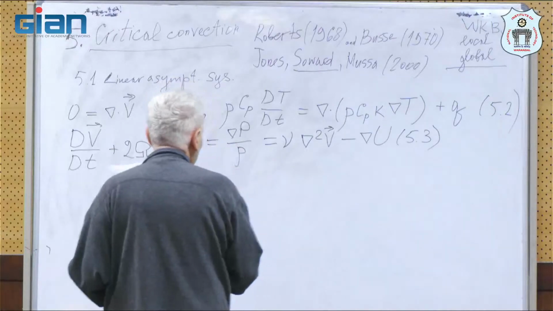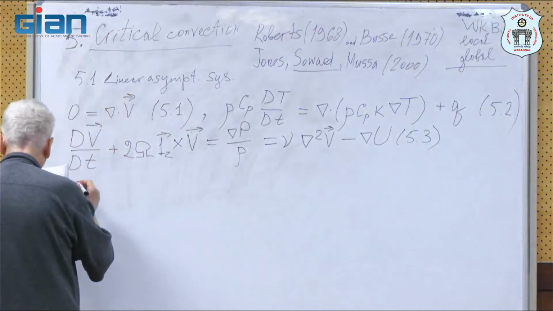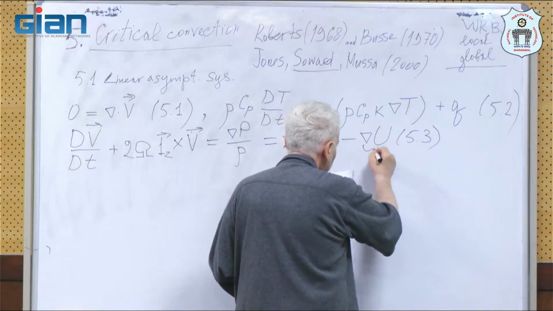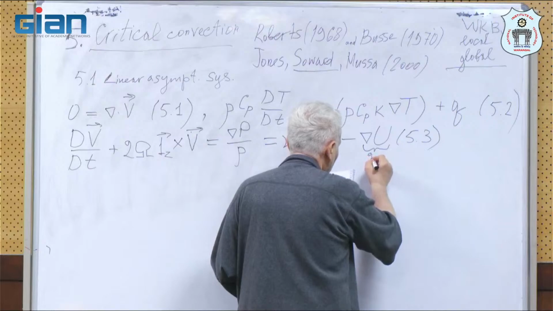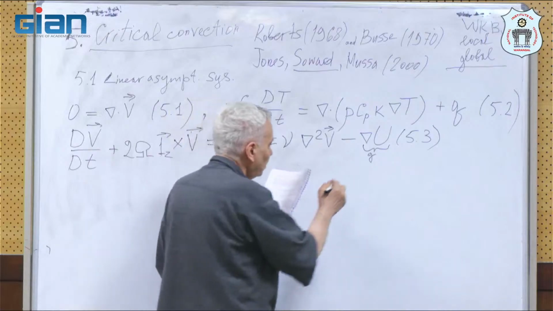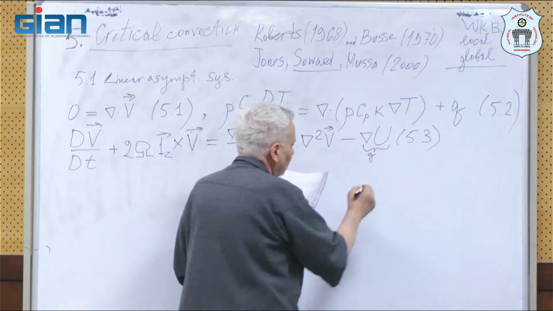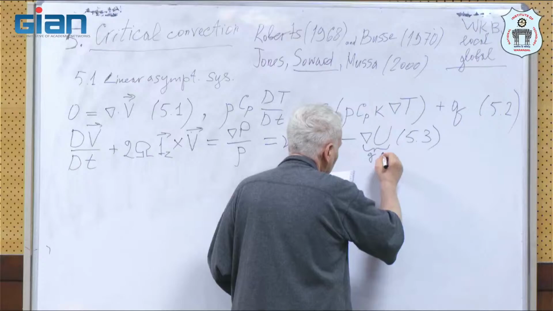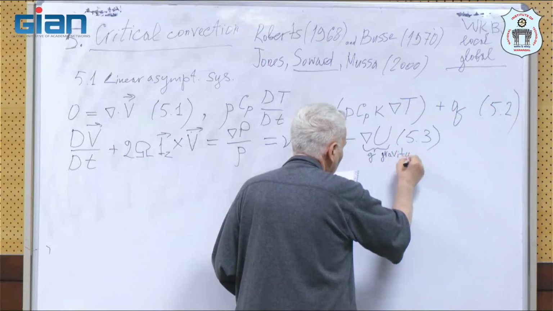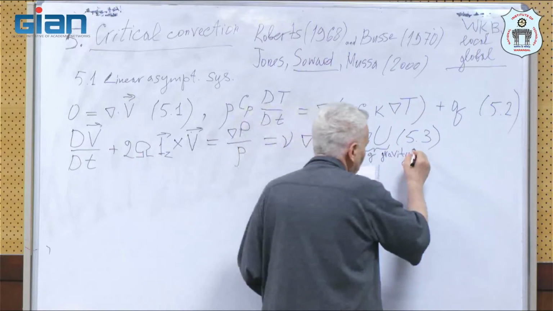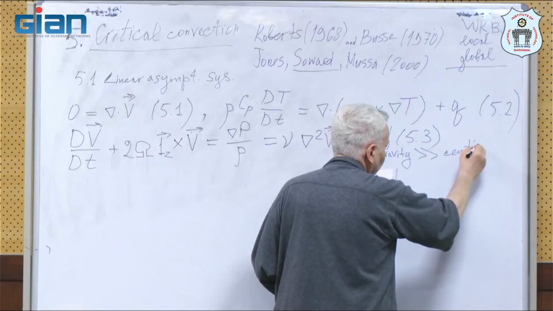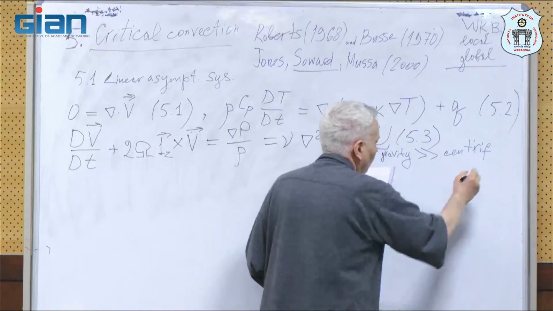So we use the standard gravity acceleration, which is actually this grad U. In other words, this is the gravity acceleration, which is usually denoted as g, and it's much more than the centrifugal. So we neglect centrifugal.